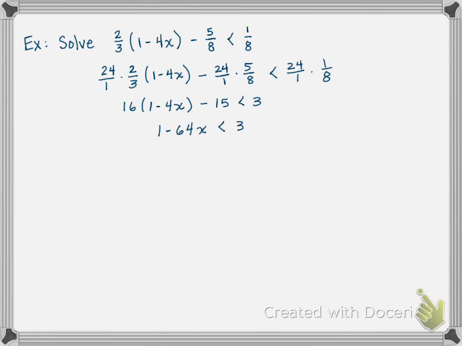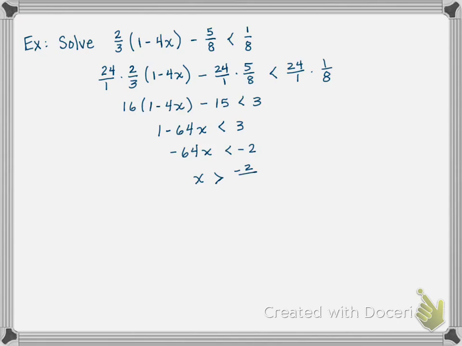I skipped a step, but everybody got to that point. And then subtract 1 from both sides and divide both sides by negative 64, so that flips my inequality symbol.